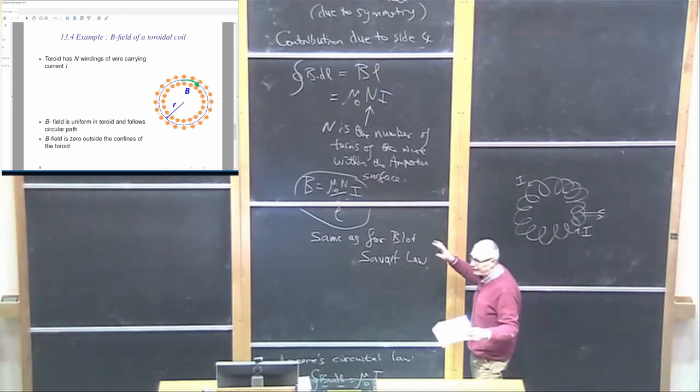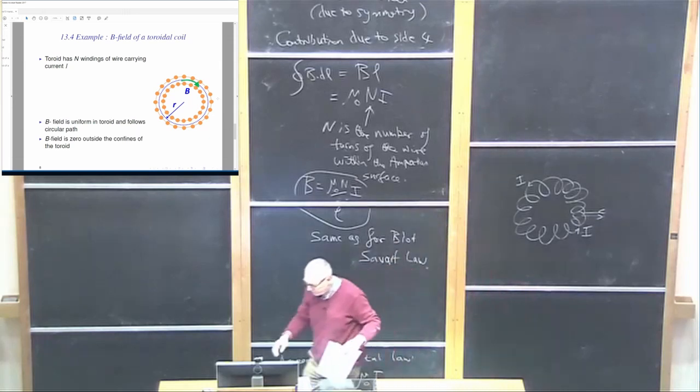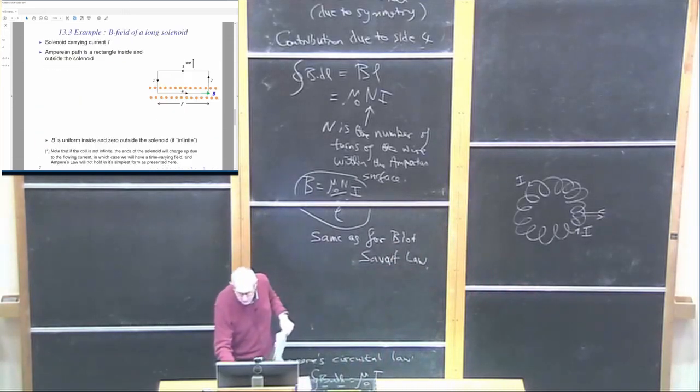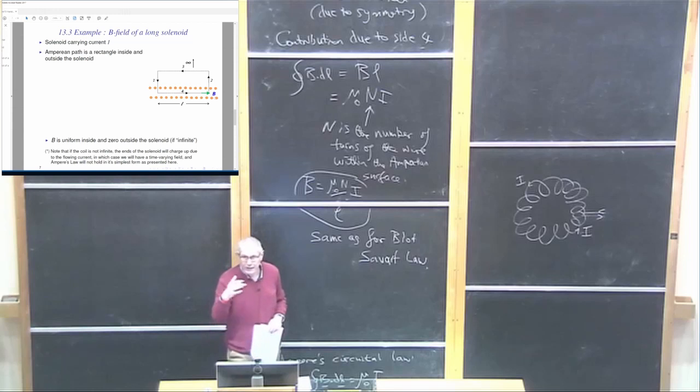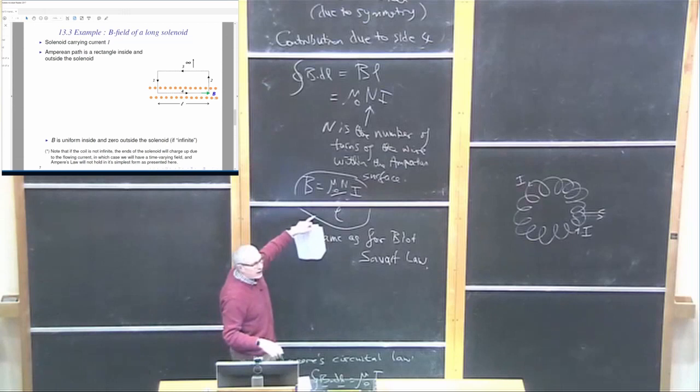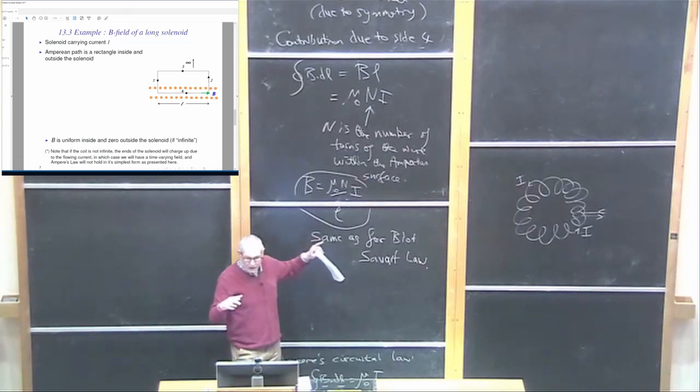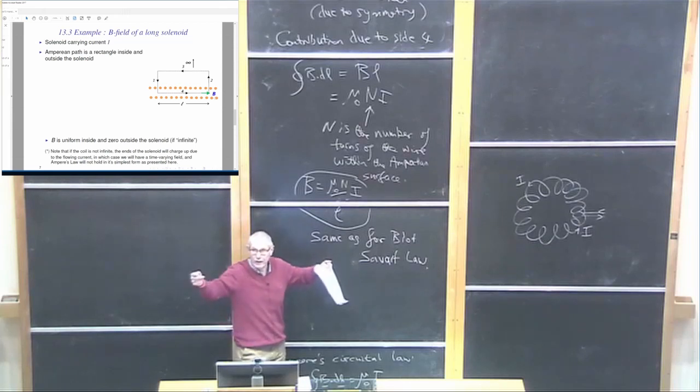I should have said actually, and maybe it's obvious, that I could have taken this Amperian path right close to these coils here, these turns, or I could have taken it close to the bottom. So it doesn't matter where I take that path. I still get this same result, which means that the field is constant within the solenoid.